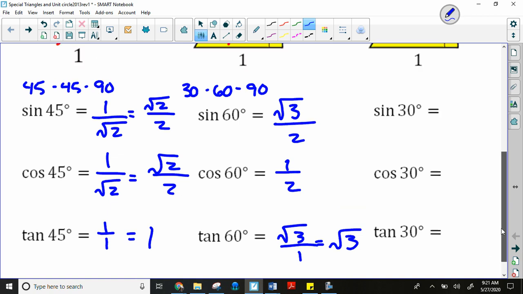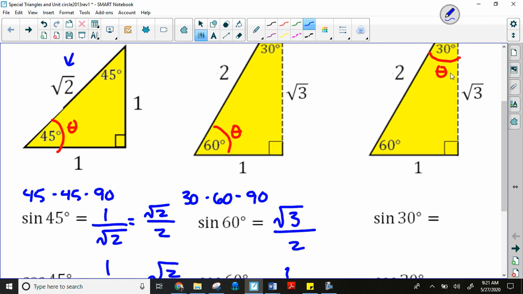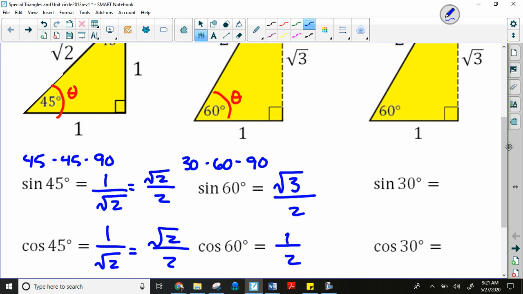Let's look at our sine of 30 with our 30, 60, 90 triangle. If our given angle is 30, go opposite over hypotenuse. Now we're getting the same values, they're just switching spaces. Cos of 60 was 1/2, and now sine of 30 is 1/2. These are just relationships that people noticed for years and years.